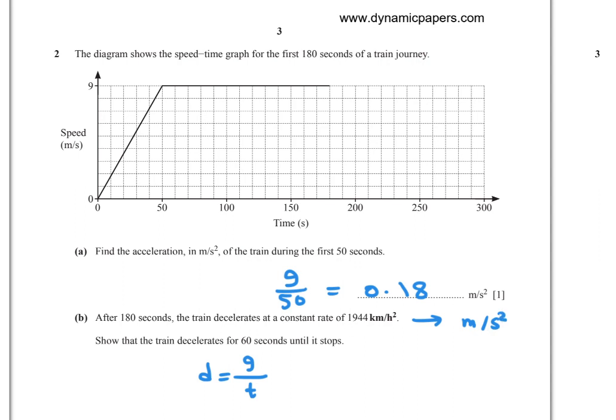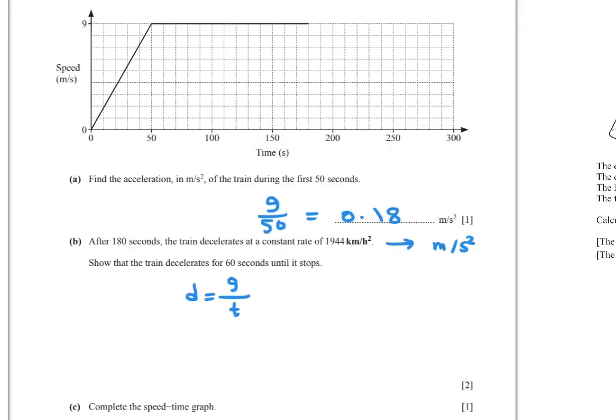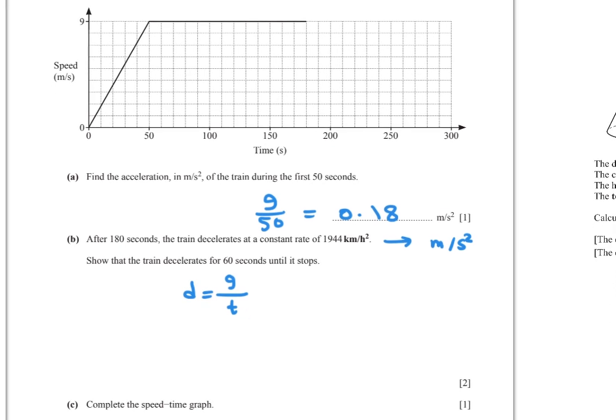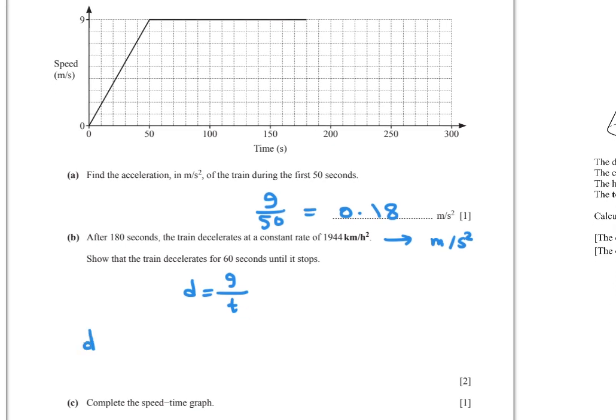So how to convert deceleration from kilometers per hour squared to meters per second squared? Deceleration equals 1944 kilometers per hour squared, which can be written as 1944 kilometers over 1 hour squared.